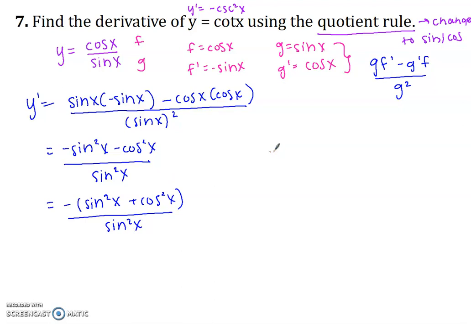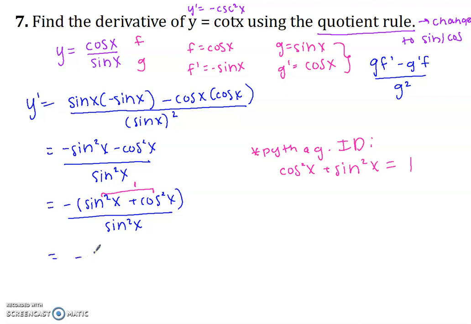If we go back to our Pythagorean identities, we had 3 of them, but the only one you need to know is cosine squared plus sine squared equals 1. So that's what we have right here. Remember, the order doesn't matter when you add. So this part is going to work out to be 1.